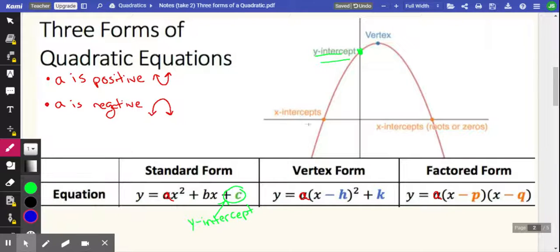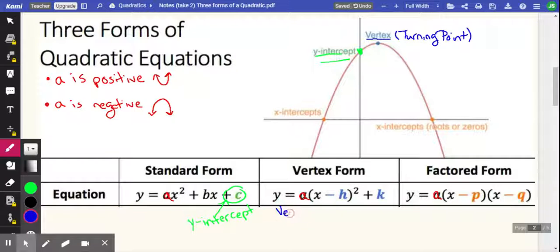The vertex form, that's the one that we've been looking at this week. Vertex form gives you a little bit of information. Of course, it tells you what your vertex is. Vertex is just another name for turning point. Okay, and that comes straight out of the equation. So this form will be y equals a times x minus h squared plus k.